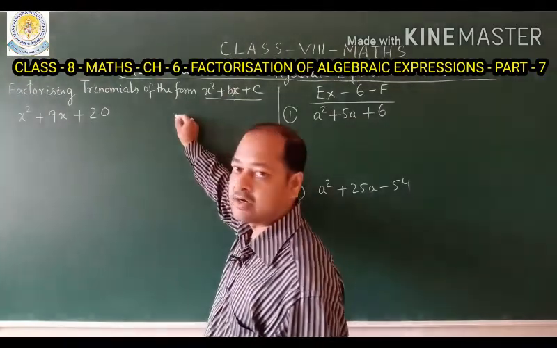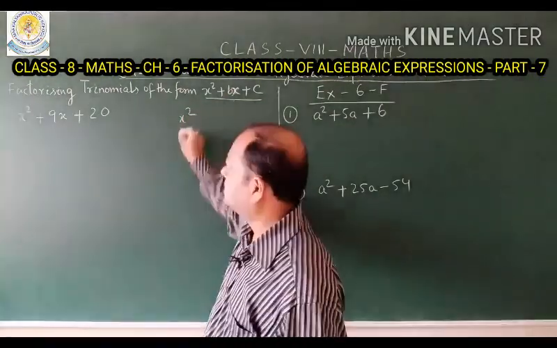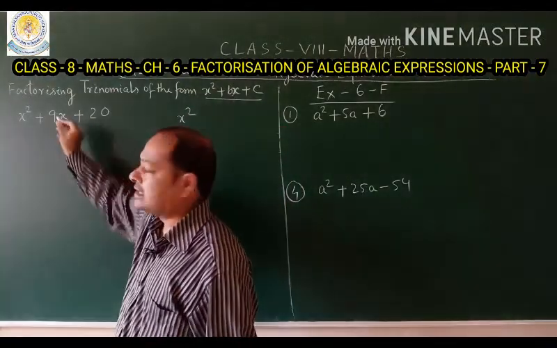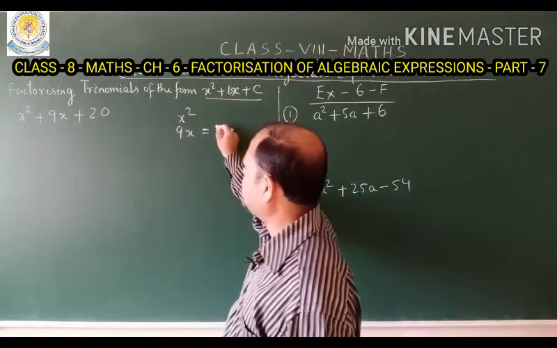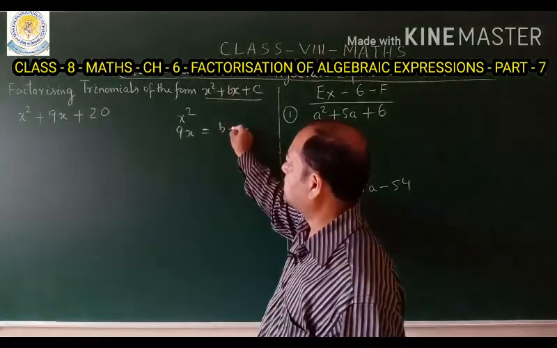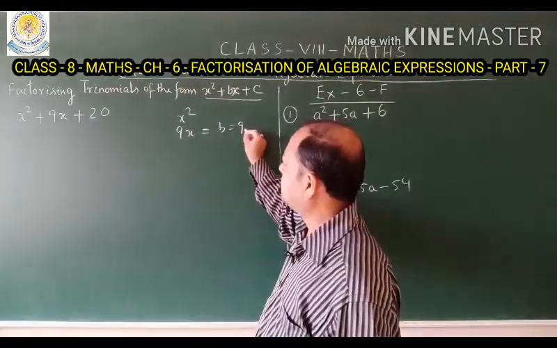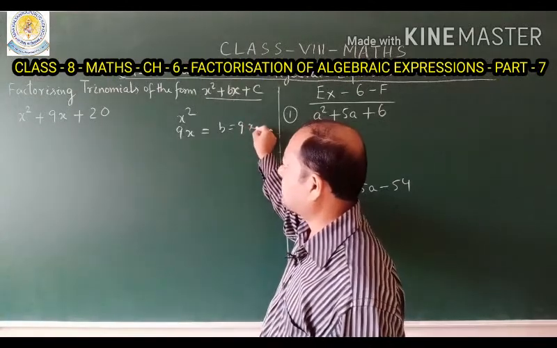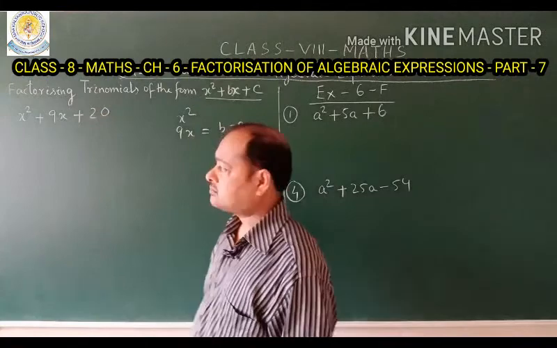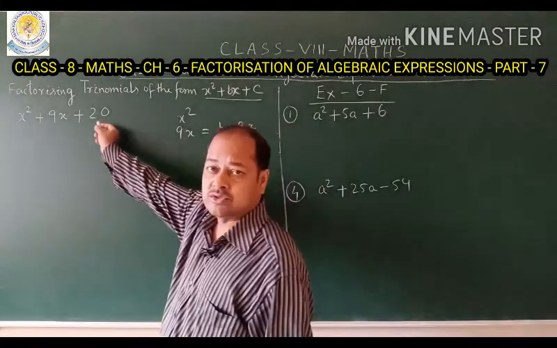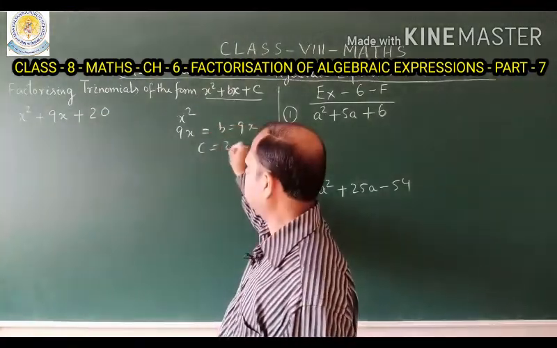That is x square. What is the middle term? That is 9x, so b is 9, multiplied with x. And what is the last term? That is c, so c is equal to 20.